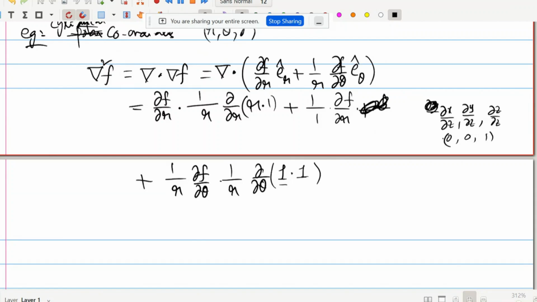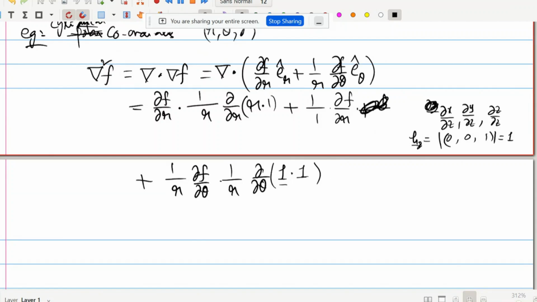This modulus is actually your Z. But dou X by dou R, dou Y by dou R, dou Z by dou R gives you 1 again. That is giving you HR. This HZ is going to be 1.